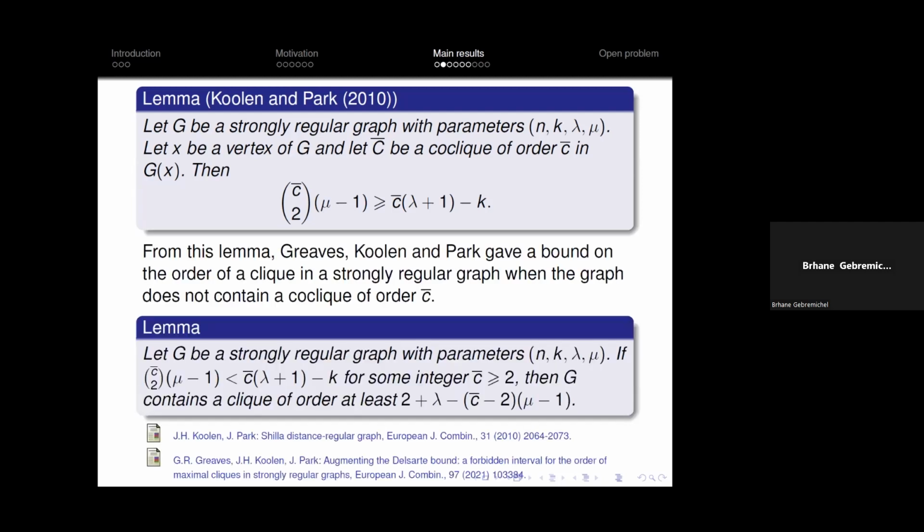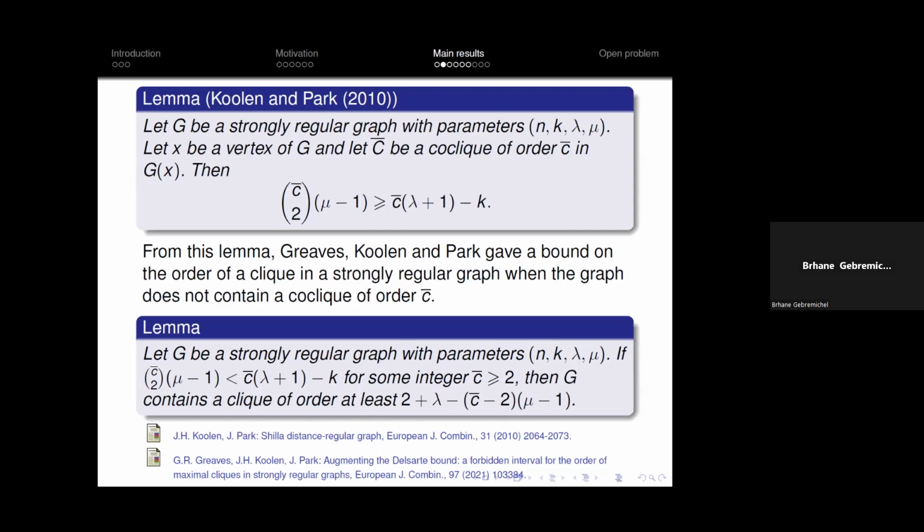Based on this lemma, Graves, Cullen, and Park give a bound on the order of a clique in a strongly regular graph when the graph does not contain a co-clique of order C bar. The result is, let G be a strongly regular graph with parameters n, k, lambda, mu.